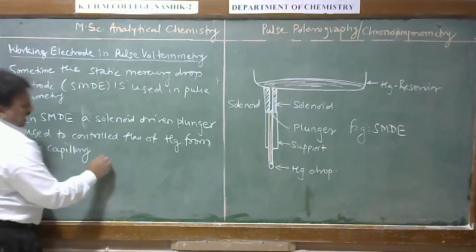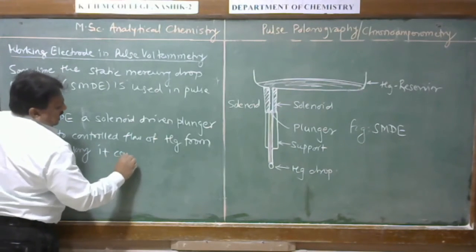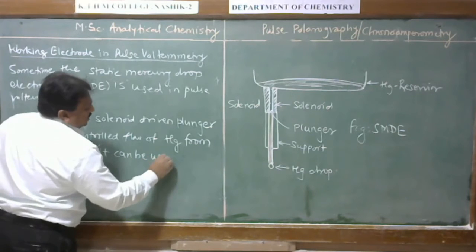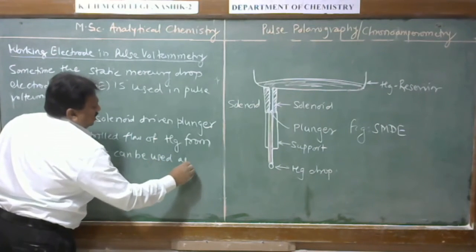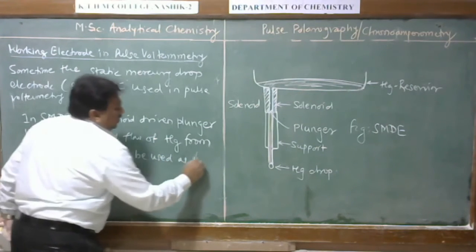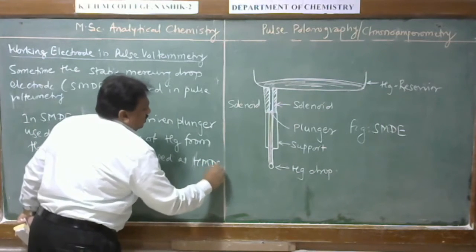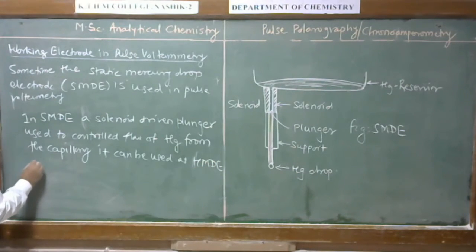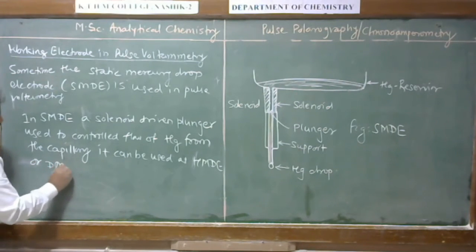It can be used as a hanging mercury drop electrode or a dropping mercury electrode.